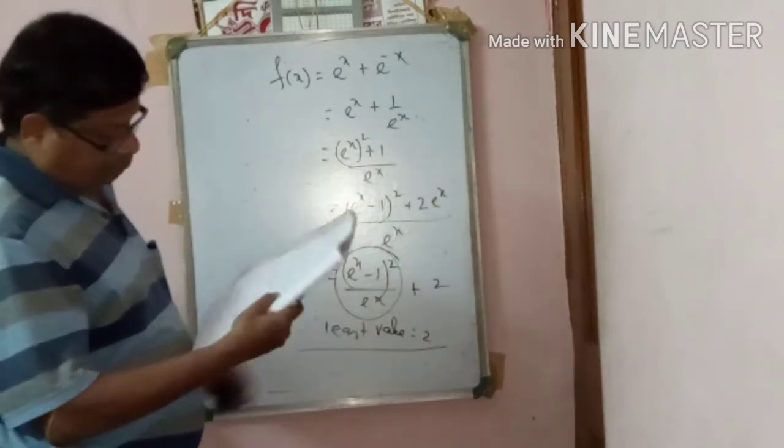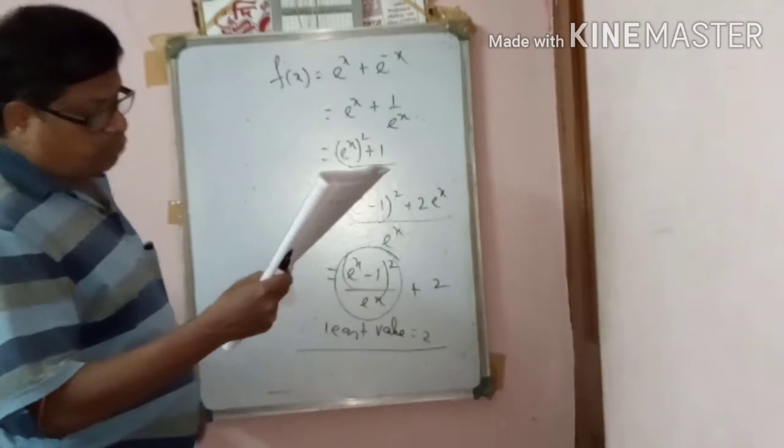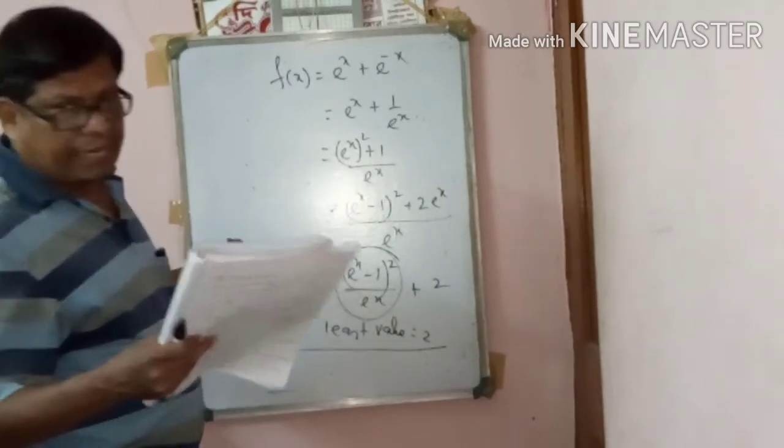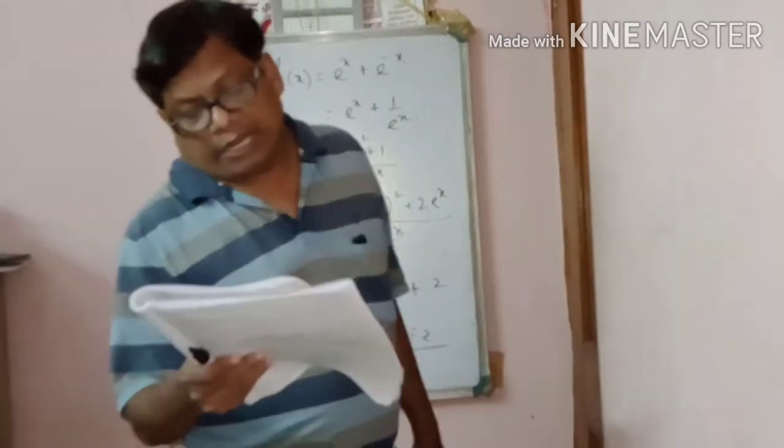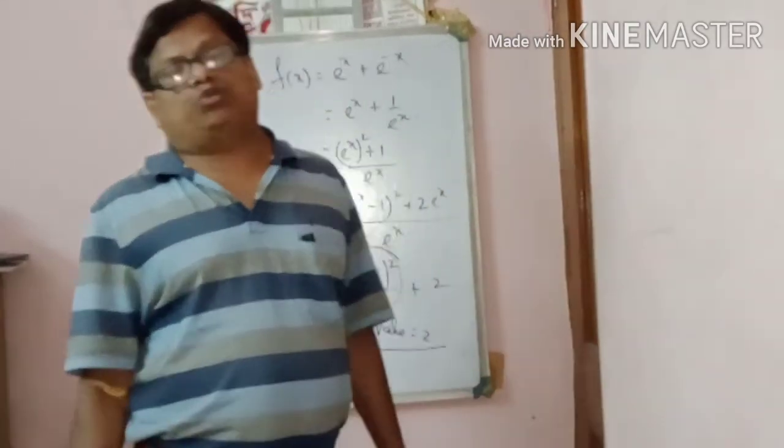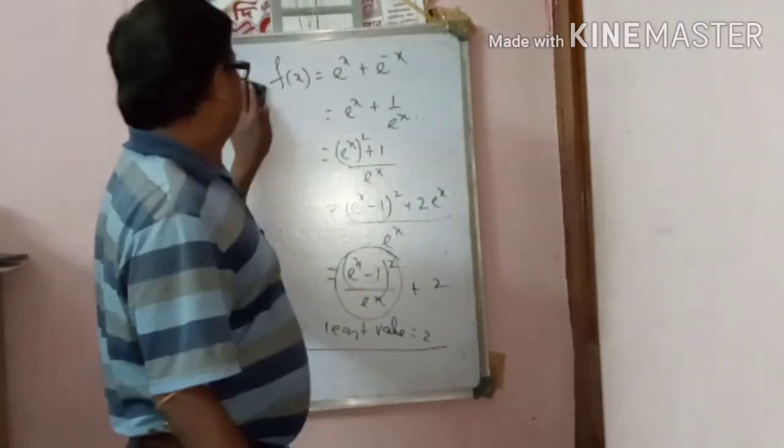Next, x to the power m y to the power n equals (x plus y) whole to the power m plus n.